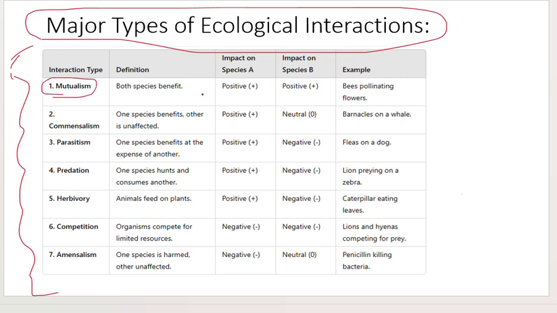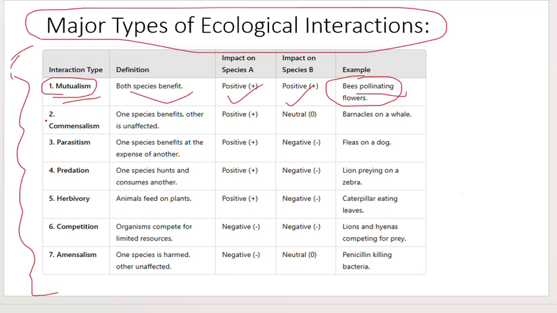So, mutualism. What is mutualism? Mutualism means both are positive, which means both species benefit from the interaction. For example, bees pollinating flowers: bees get their food, and the plants get pollinated and grow because of pollination.